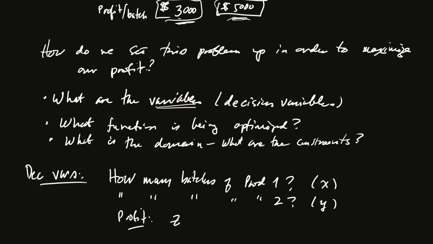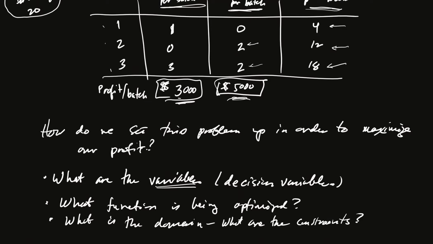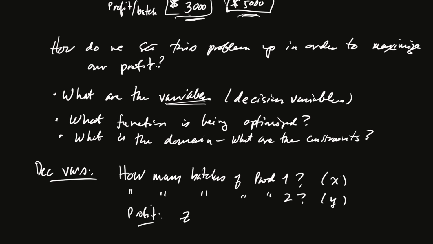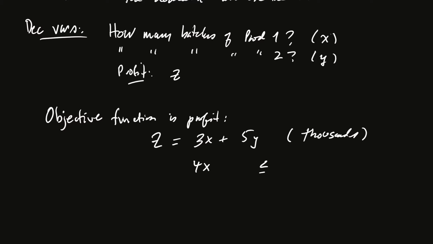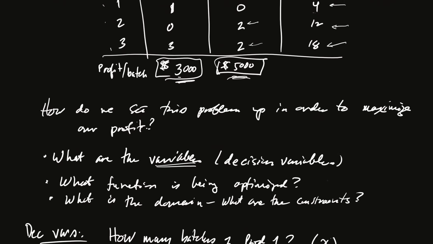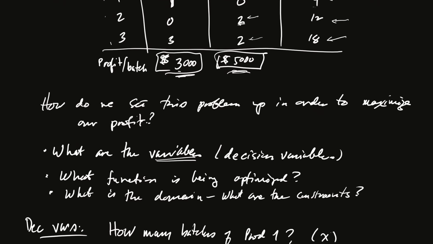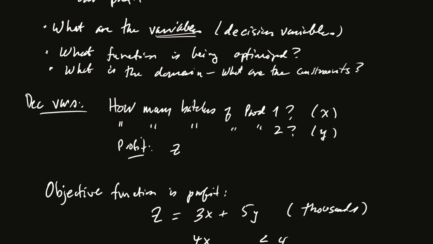Well, it takes 1 hour per product 1 batch in plant 1, and I can't make more than 4 hours' worth, so my first constraint is that x has to be less than or equal to 4. And now in plant 2, it takes 2 hours per batch of product 2, and therefore 2y has to be less than or equal to 12.